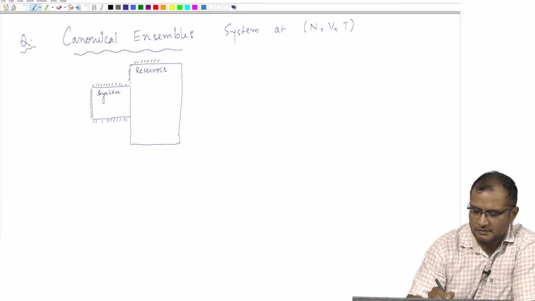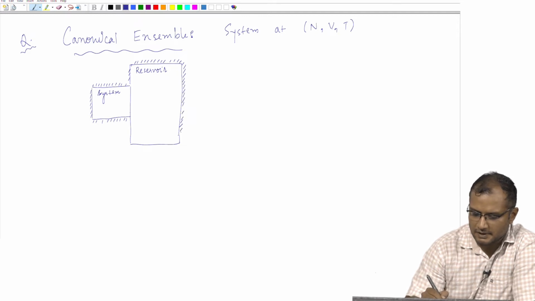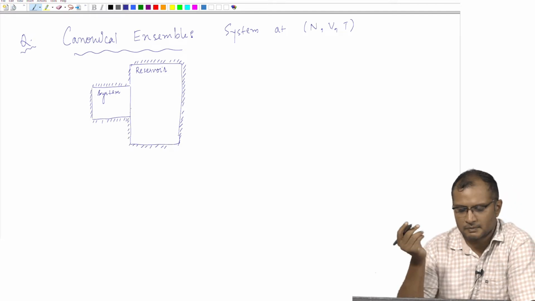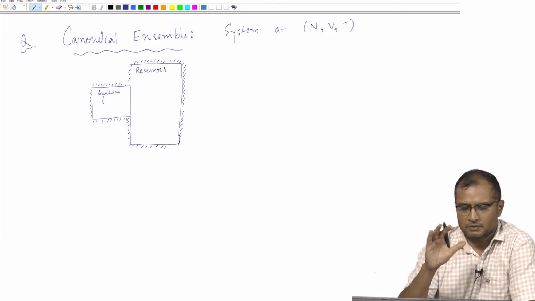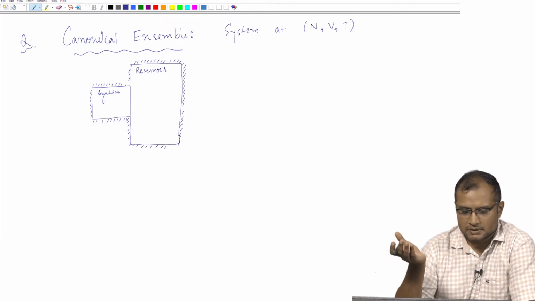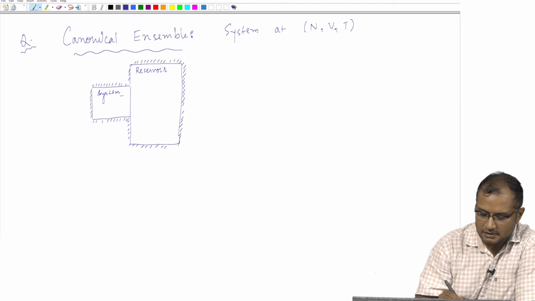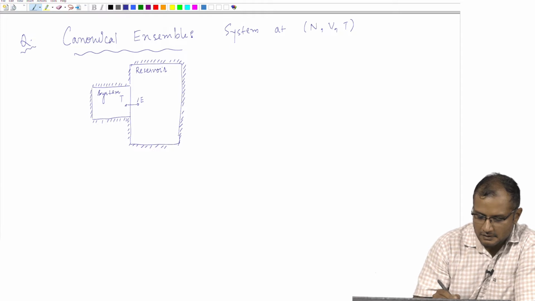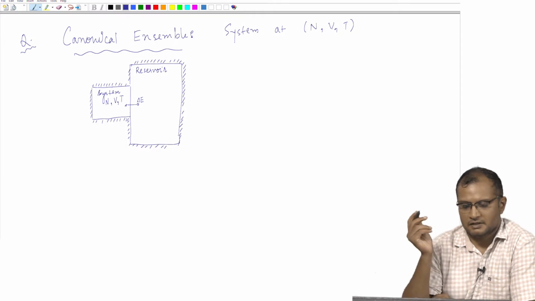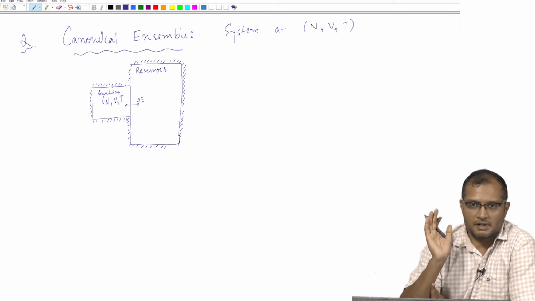So, the system plus reservoir is under microcanonical ensemble, it is isolated from the surroundings. Okay. So, this is the insulation, complete, both mechanical isolation and thermal isolation is indicated here. So, the system is maintained at constant temperature by allowing energy interactions, and it is maintained at constant volume by simply keeping fixed walls, and maintained at constant number of particles by not allowing particles to escape. So, the walls are not porous.